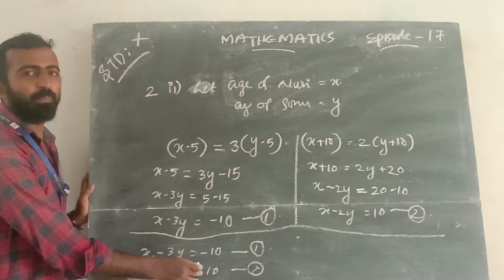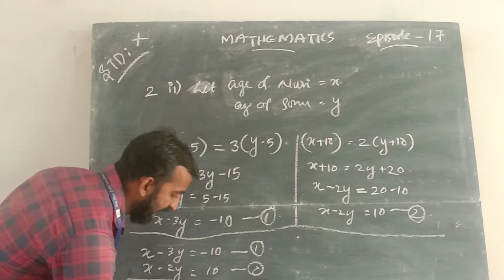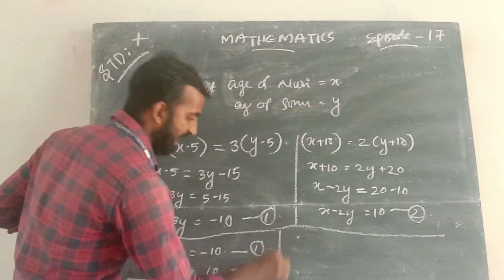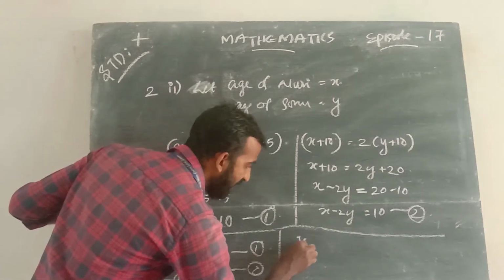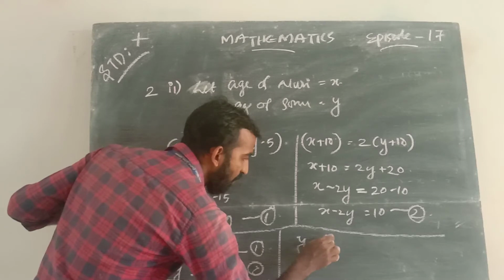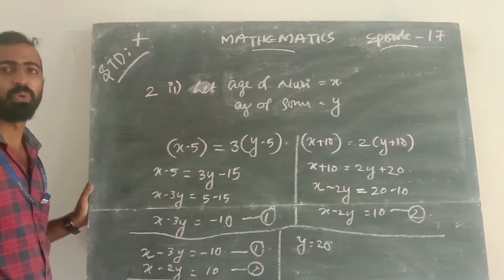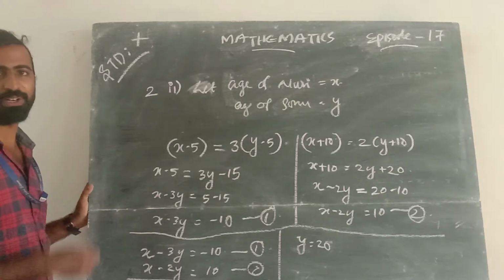Negative 10 minus 10, we get negative 20. That is y equal to 20. The answer is y equal to 20.